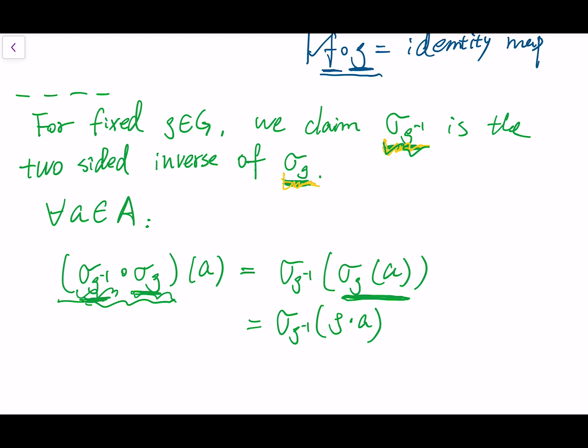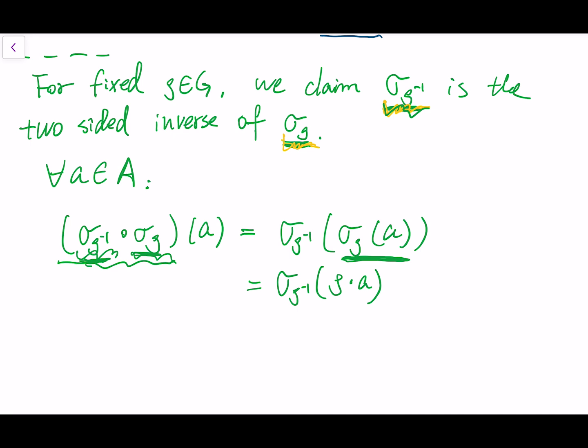So the element g acts on the element a in the set A, and then this is also equal, using the definition of the sigma notation again, to g inverse acting on the result of g acting on a.